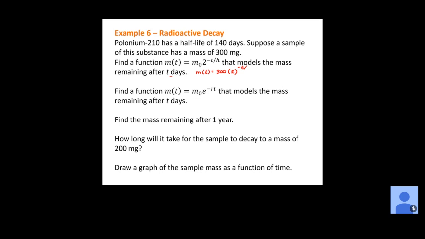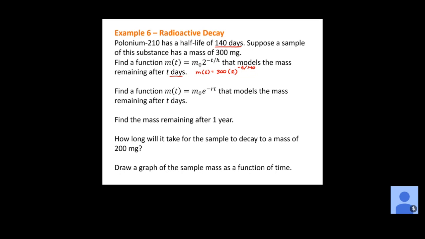In this case, we want that to be in days. Our half-life was given in days, so we don't need to do any conversions. So that's just going to be 140 there. So notice the only difference now between our half-life formula using the actual half-life and our doubling time formula is that our exponent is a negative instead. Okay, so we still use a base of 2, we just use a negative exponent.